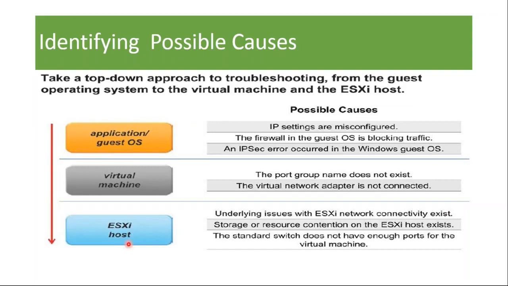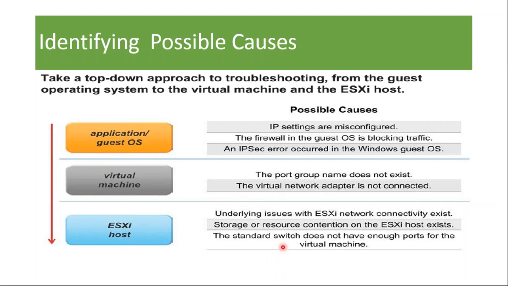The second reason is storage or resource contention on the ESXi host. If there is a huge load on your virtual machine provisioning storage on your ESXi host, that might be one of the reasons to terminate network traffic for your virtual machine guest operating system. You have to validate that.